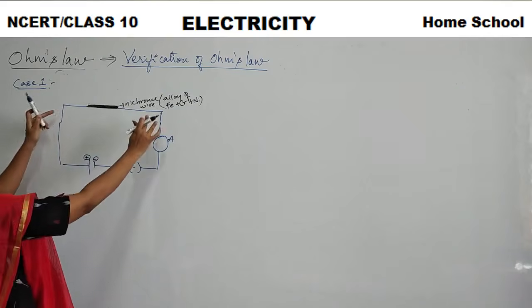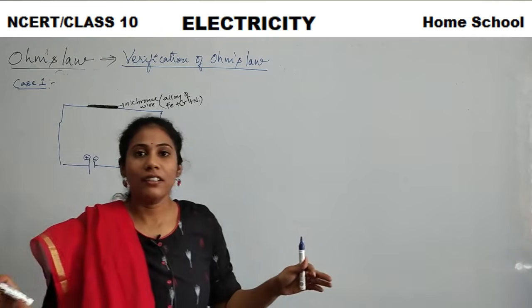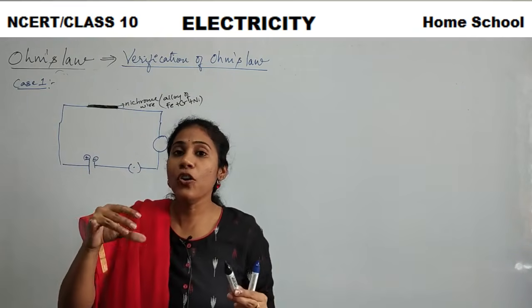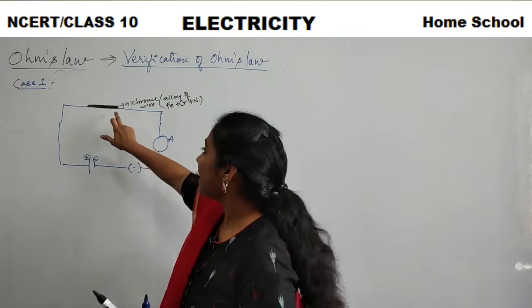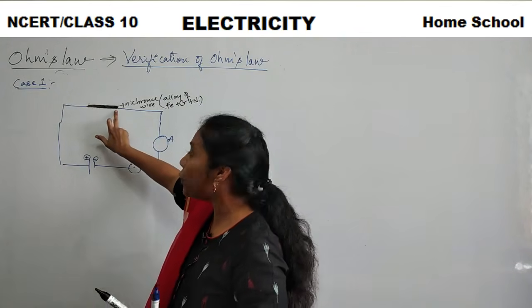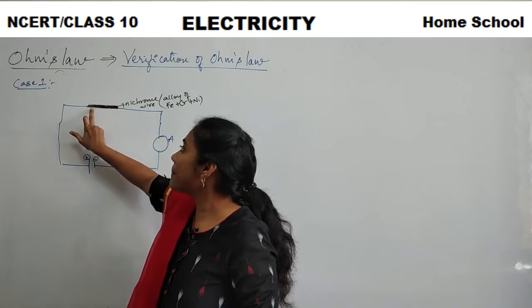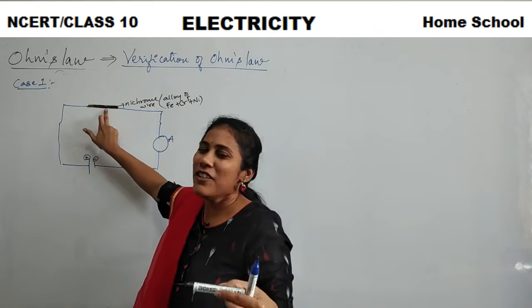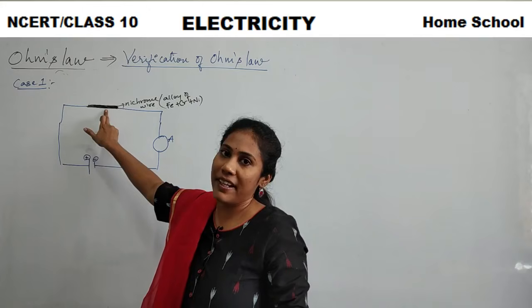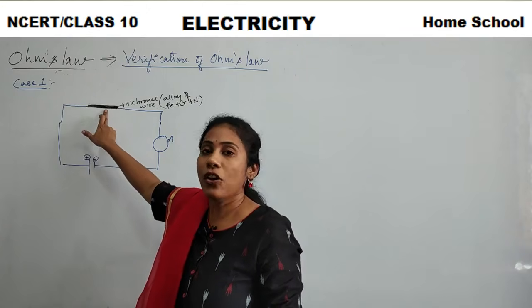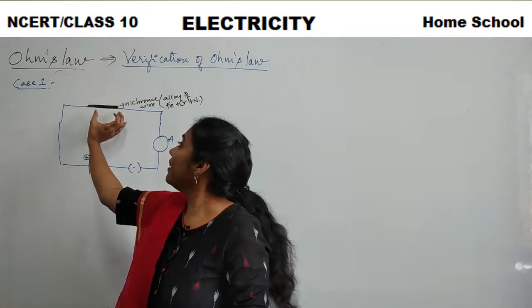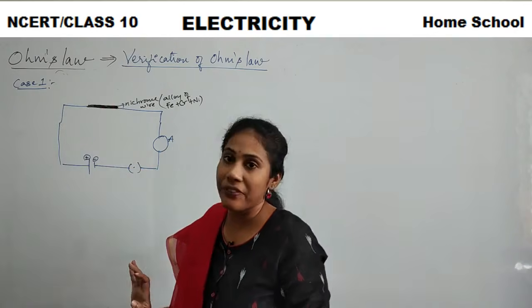It is not like a regular copper wire, and it will show high resistance. Current cannot easily flow through this nichrome wire because you would find a lot of disturbances in this wire. This is not like a smooth copper wire.